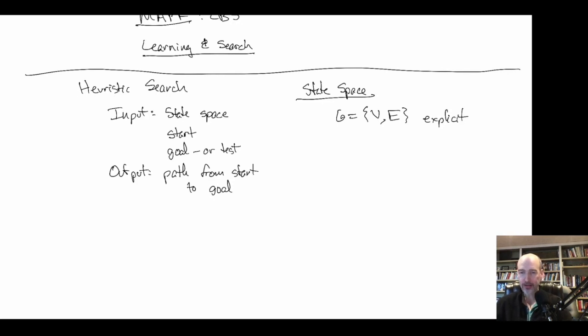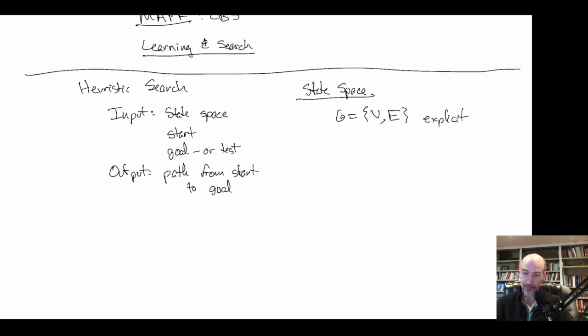But we also could have an implicit definition, particularly when our problems are large. We could imagine an infinite state space, or a state space that is just too large to ever write down, like 10 to the 19th states in something like the Rubik's Cube, which we'll look at in a second, or there may be problems that are even larger than that. So the full state space is too large, but we may be able to solve a problem within a subset of that state space.